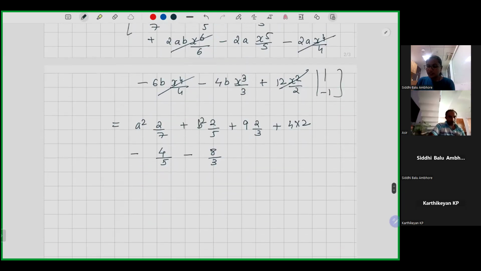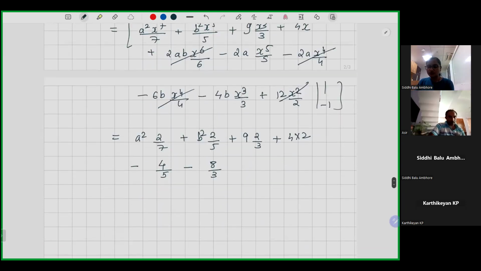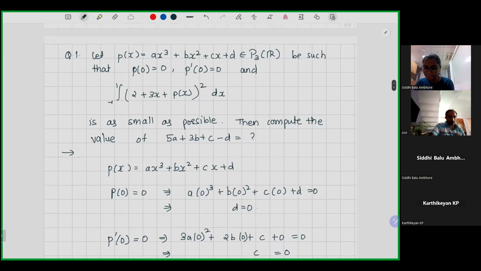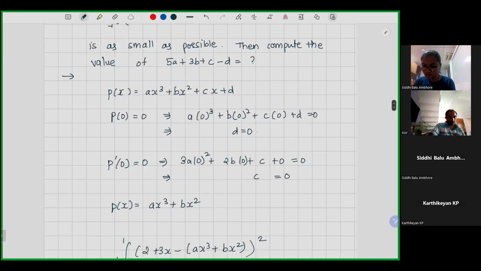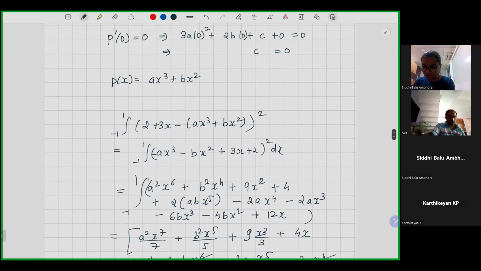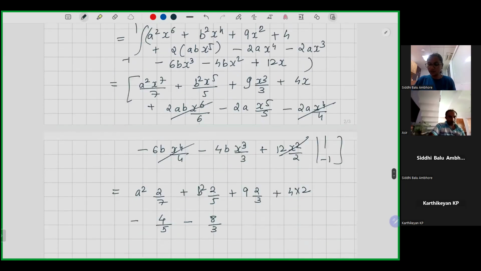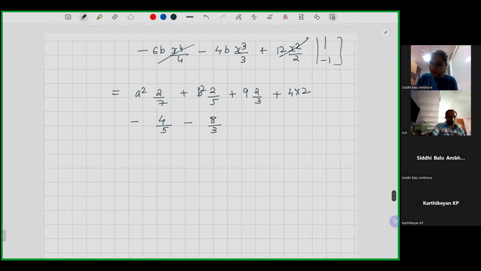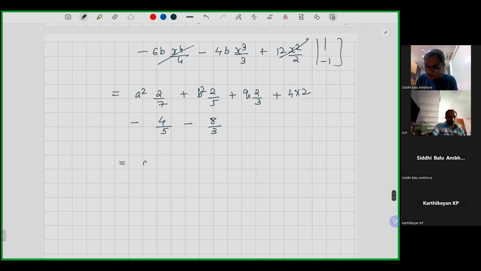And they are saying this should be as less as possible. When could this be as less as possible? Let us just solve this, which is a square 2 by 7 plus b square 2 by 5 plus this is 6 plus 8 minus 4 by 5 minus 8 by 3.